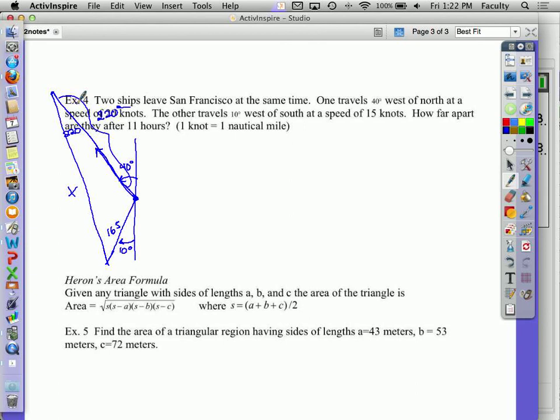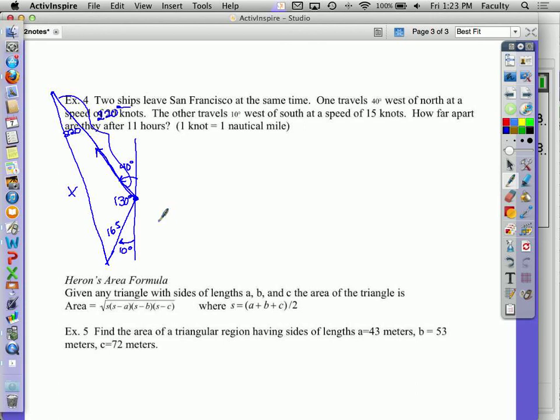We actually have enough information to figure it out. Good. These angles are lying on a straight line, which means they add up to 180. This one's 40, this one's 10. So you take 40 plus 10 is 50, subtract from 180, that's 130 degrees.